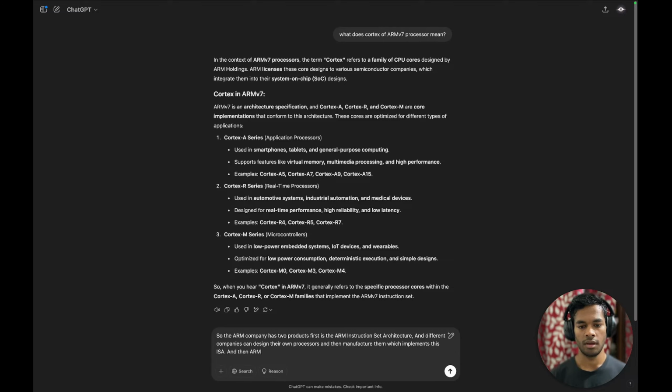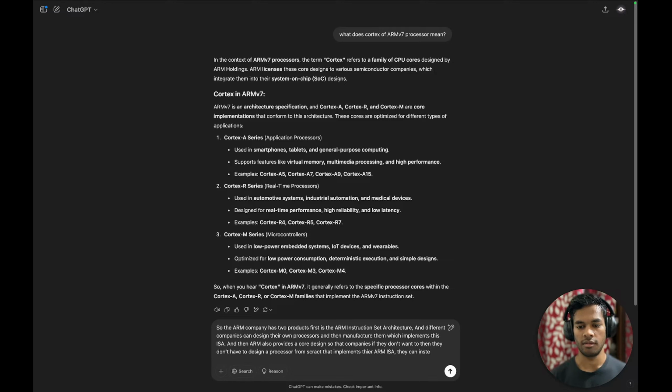And then ARM also provides a processor core design, so that companies, if they don't want to, don't have to design a processor from scratch that implements the ARM ISA.